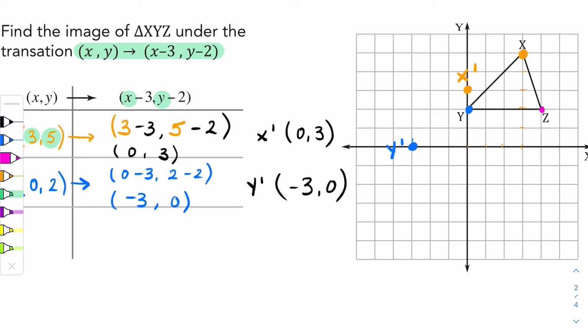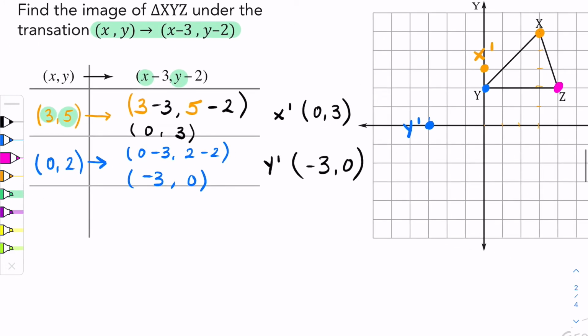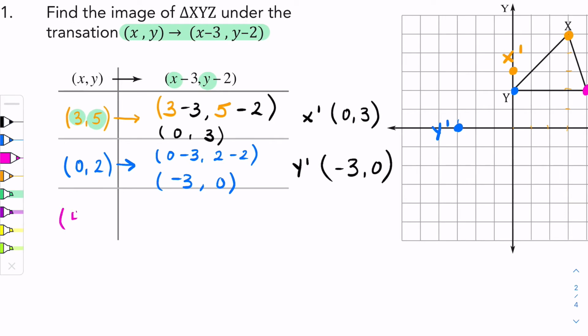And for the last point, we're looking at point Z, which is currently at the location of 2, 4. Oh, I said that backwards, 4, 2. So when we apply our transformation rule, we have our x coordinate of 4, minus 3. We have our y coordinate of 2, minus 2. 4 minus 3 is 1.